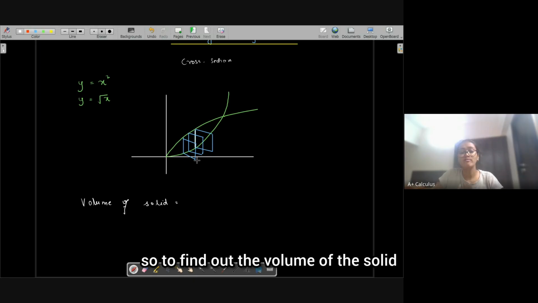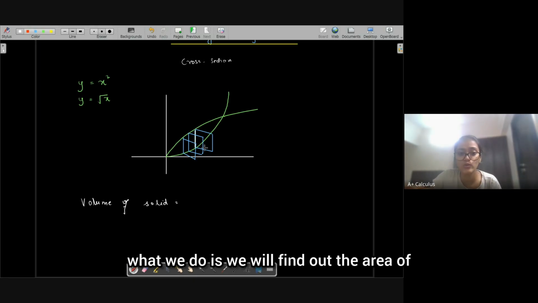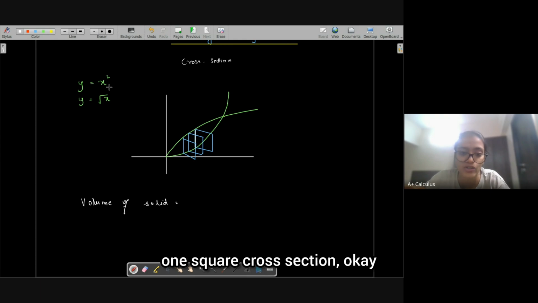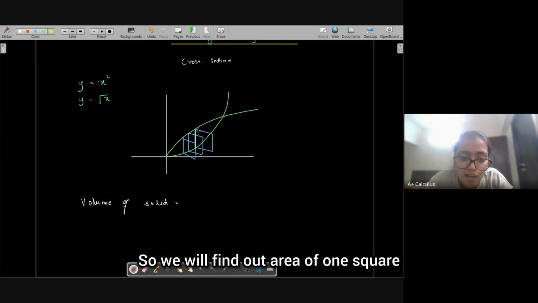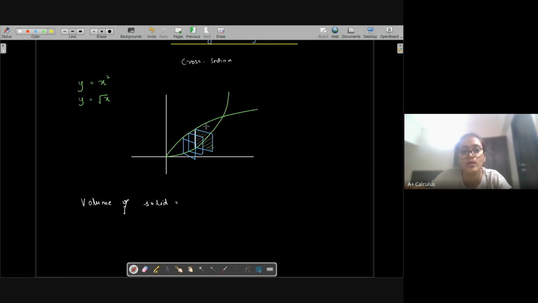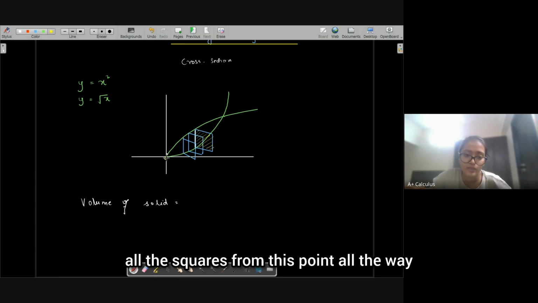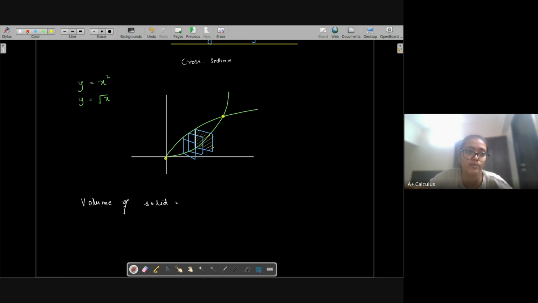So to find out the volume of this solid, what we do is we will find out the area of one square cross section. Let's say this square. And actually we are finding out areas of all the squares from this point all the way up to this point.